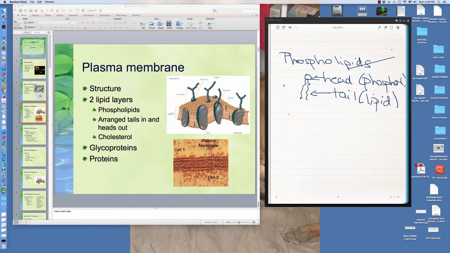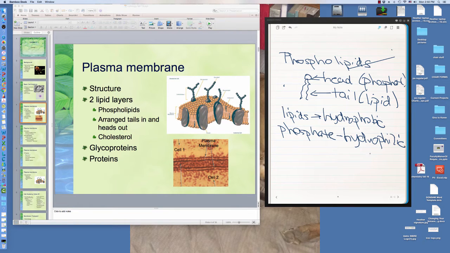So if you remember from the little bit of chemistry you reviewed, or if you've taken chemistry previously, lipids themselves are referred to as hydrophobic, meaning water-hating. The phosphate part, on the other hand, of a phospholipid is hydrophilic, meaning water-loving.